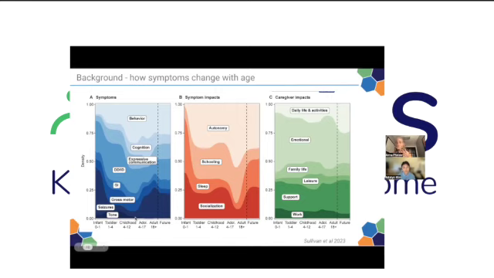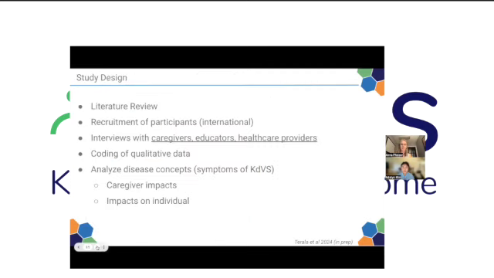And so this is a sign that they're medically managed, or maybe seizures go away, etc. But you can see how the differences in symptoms that are reported really change depending on the age of the patient. And then sort of the same things for the symptom impacts and the caregiver impacts, how they change with the age of the patient. So these are all possible ways that you can look at this data. So good suggestions for what Adalyn might end up doing in her paper.